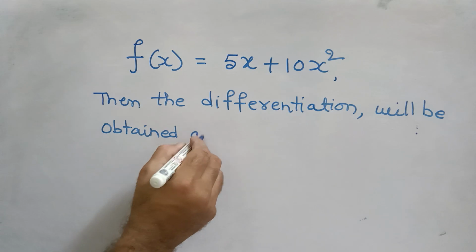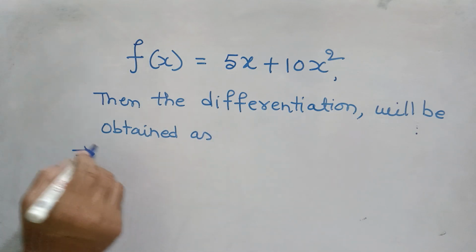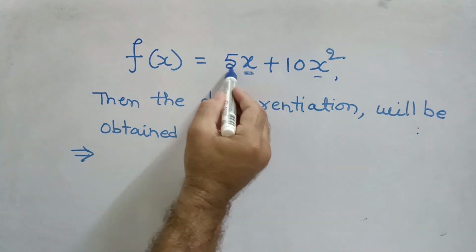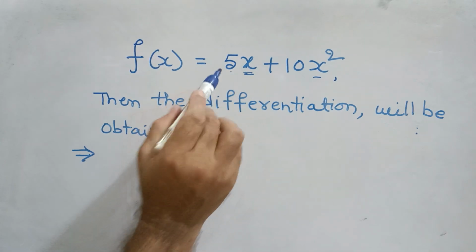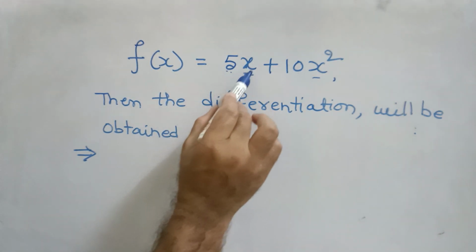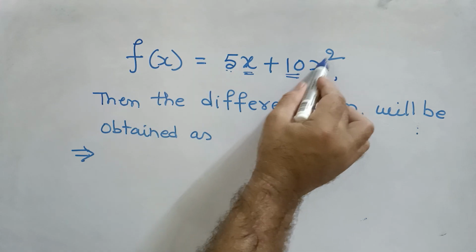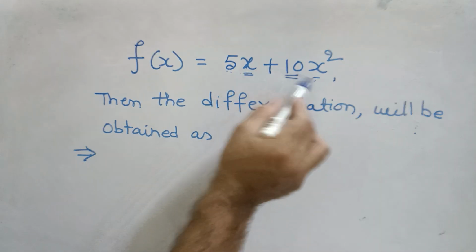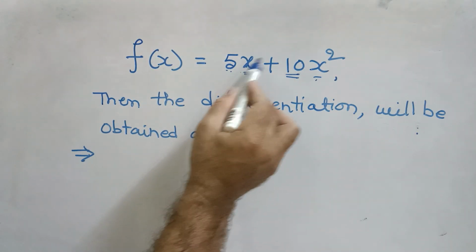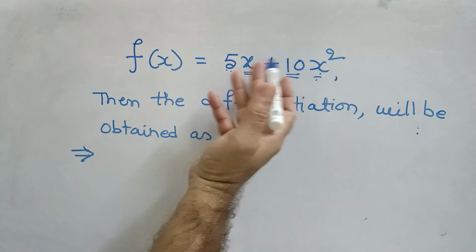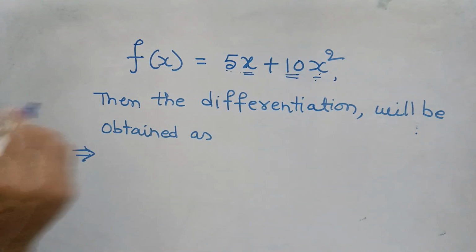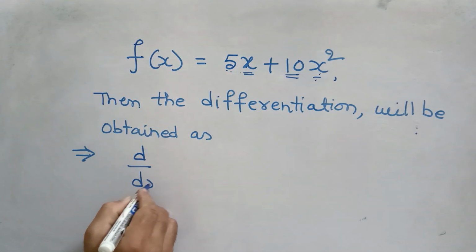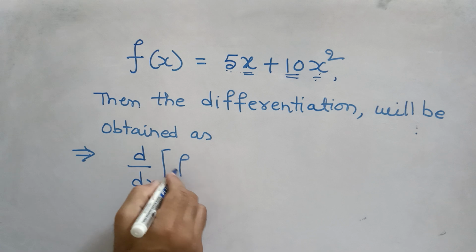It is simply d by dx. You see that your f of x is definitely in terms of x only. Here 5 into x, 5 is the constant, x is the variable; 10 is the constant, x square is the variable. Both are in terms of x only. Therefore, I can write the differentiation of f of x like this: d by dx of f of x.